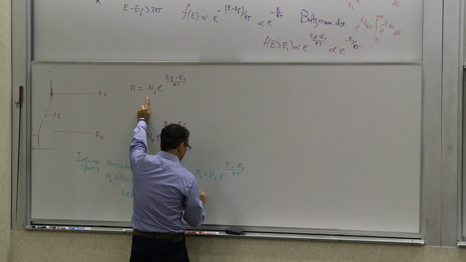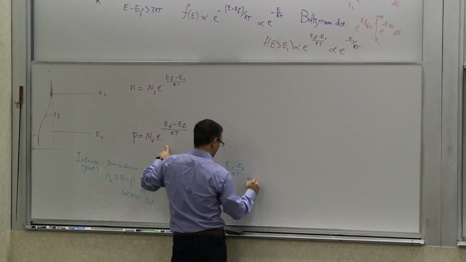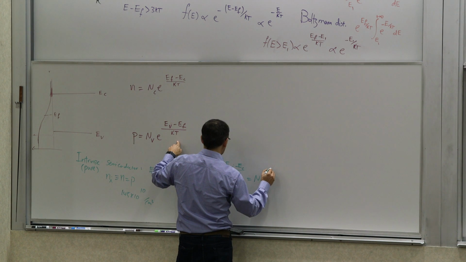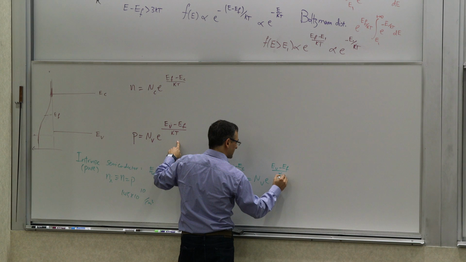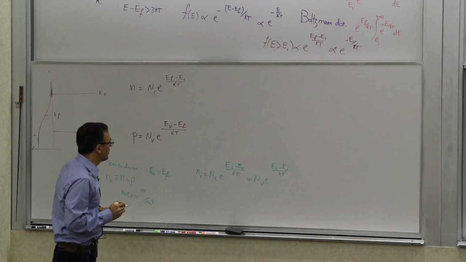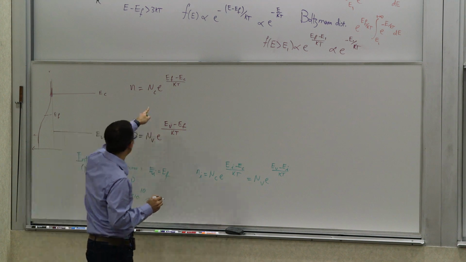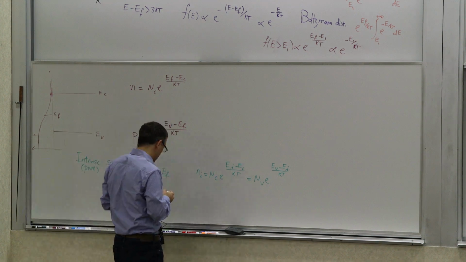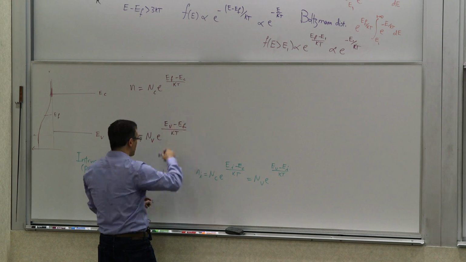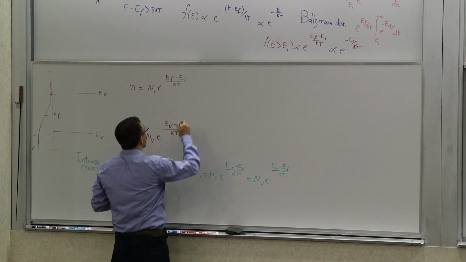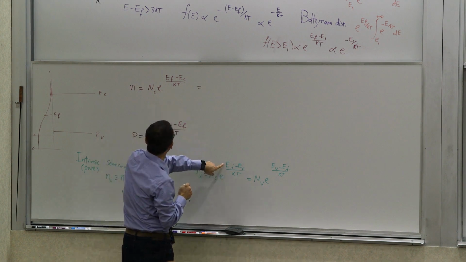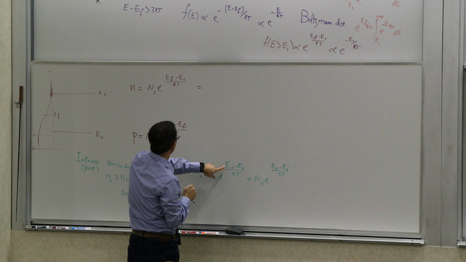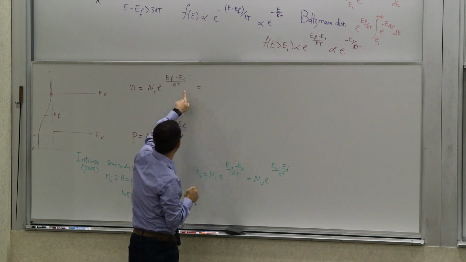And similarly, since p is also the same thing, it's going to be NV e to the (EV minus EI) over KT, not minus EF, because it's now intrinsic. So now I can use this relationship to simplify what I wrote up there and write it in terms of ni. So now we can say, I know a part of this, the NC e to the negative EC over KT, is there.